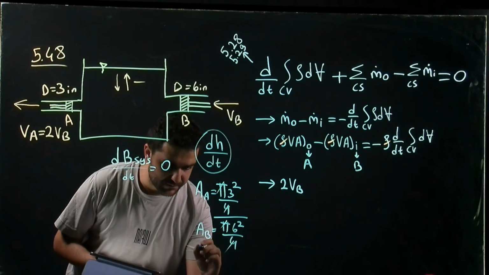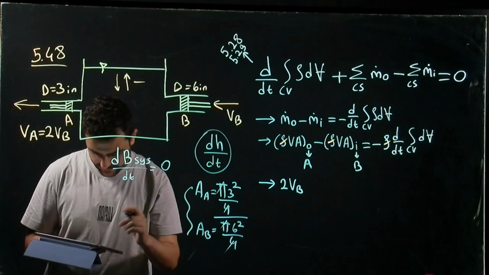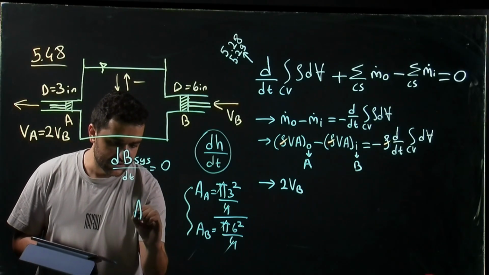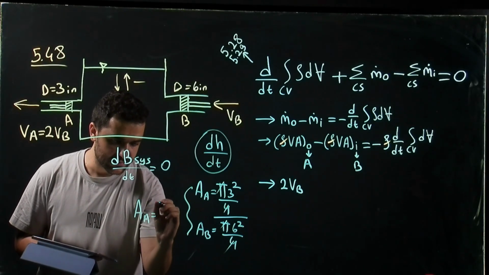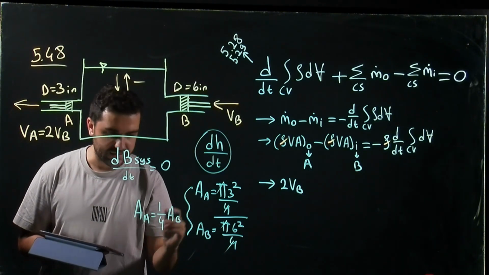So the relationship between the area of A and B: the area of A is 1 over 4 the area of B.